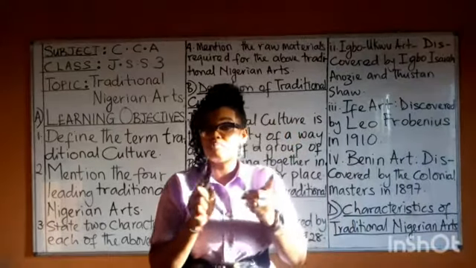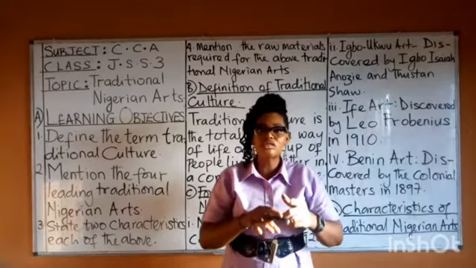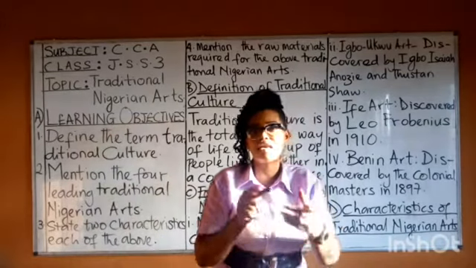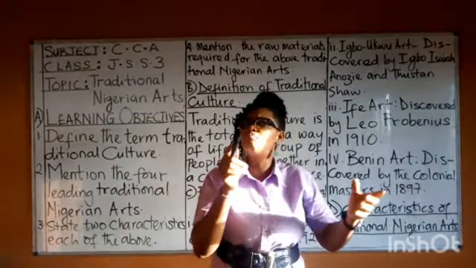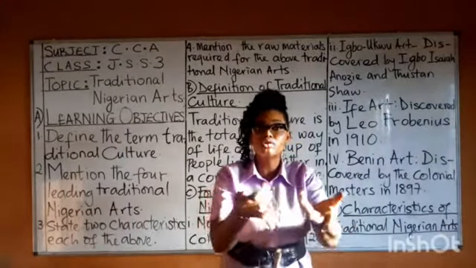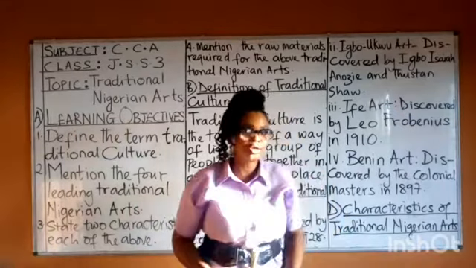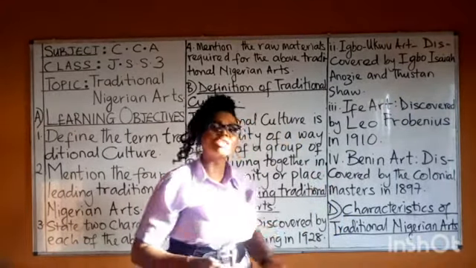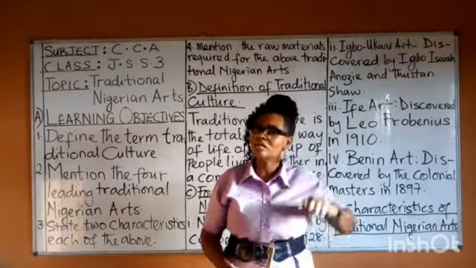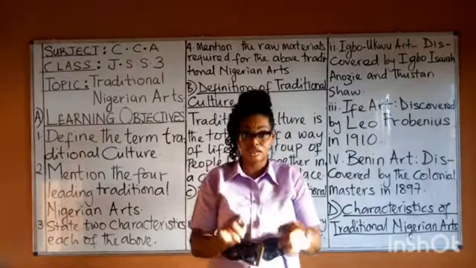Unknown to them that the British were around, they invaded using sophisticated weapons like AK-47, and the Benin warriors only have spears. How much can that do to defend themselves? So they were conquered. They were not only conquered, their monuments were taken from the Oba's palace to the British Museum. Till date, it is still there.